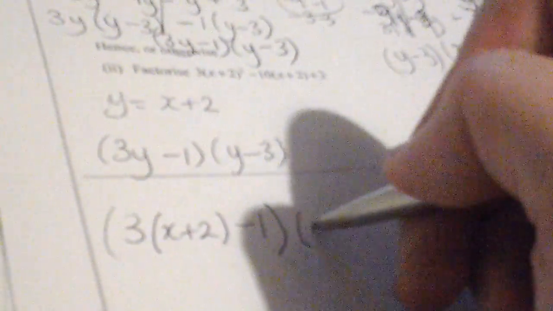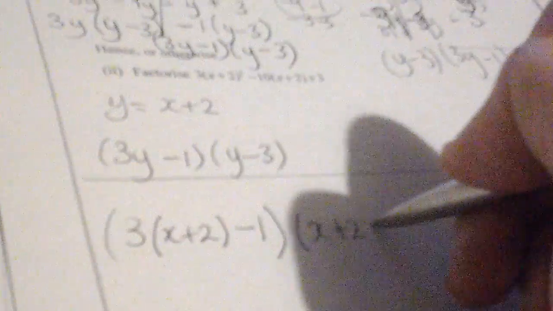So where before our answer was 3y minus 1 and y minus 3, we're going to have 3 lots of x plus 2 take away 1 times by x plus 2 take away 3. We then just have to simplify this.